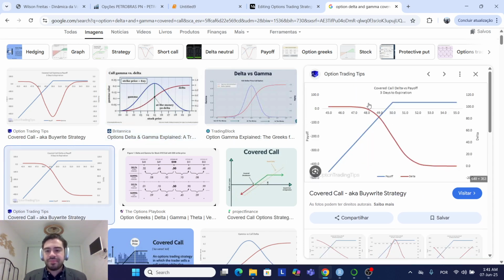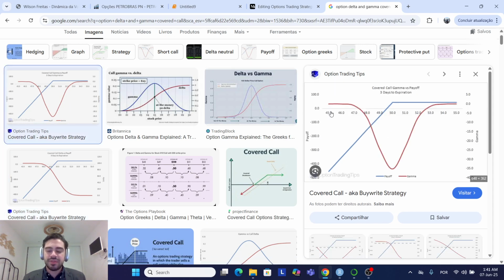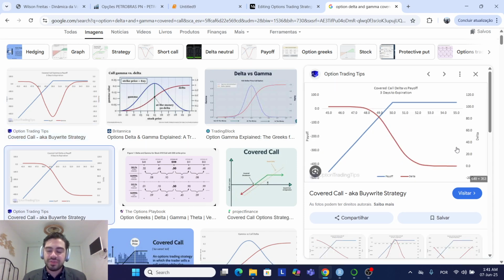So as you can see, delta goes down as the stock price increases, and it starts going down when the option starts to get at the money, and it's in this period where the gamma is more negative, like here. So that's the time where your exposition is gonna be exponentially reduced.